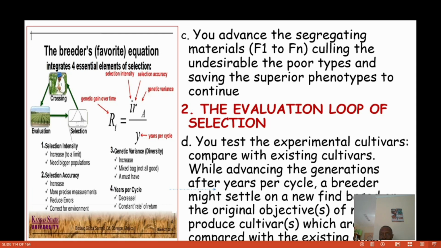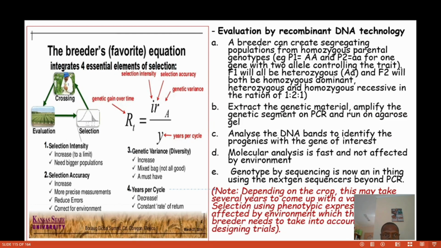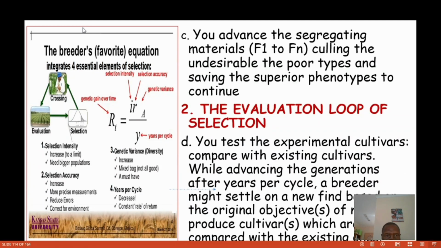Now, the thing I'm calling the evaluation loop of selection is this small triangle that one can see here. You cross, there is the selection, you evaluate. You cross, you evaluate, you select.